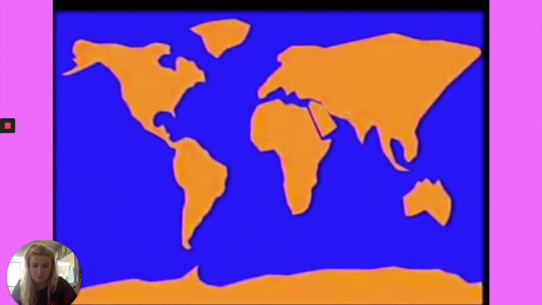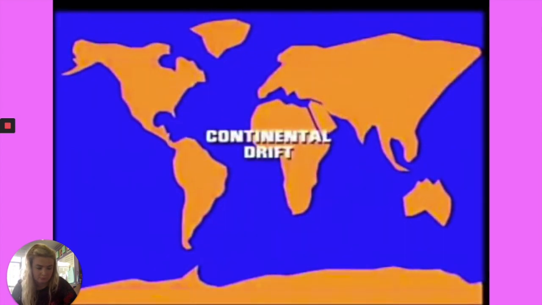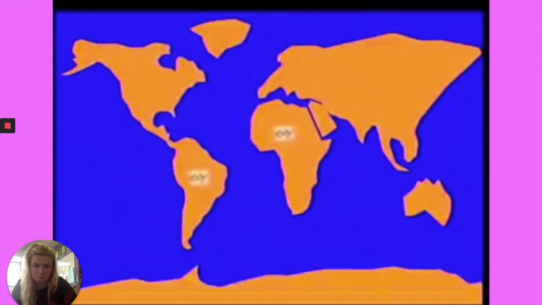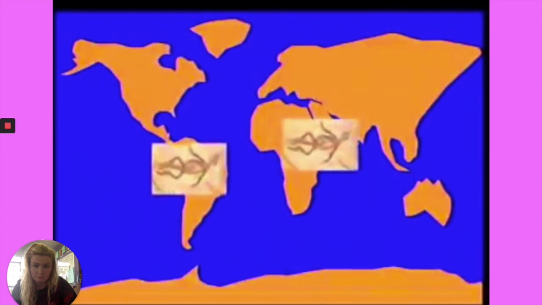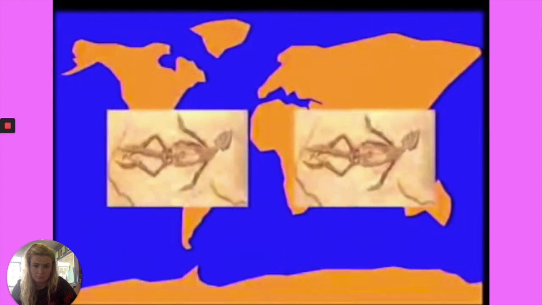Wegener called his theory of moving continents continental drift, and he offered additional evidence in an attempt to prove his point. Wegener found fossils of nearly identical animals in both South America and Africa. Wegener believed the only way identical animals could be found on distant continents was if the continents had been joined at one time.